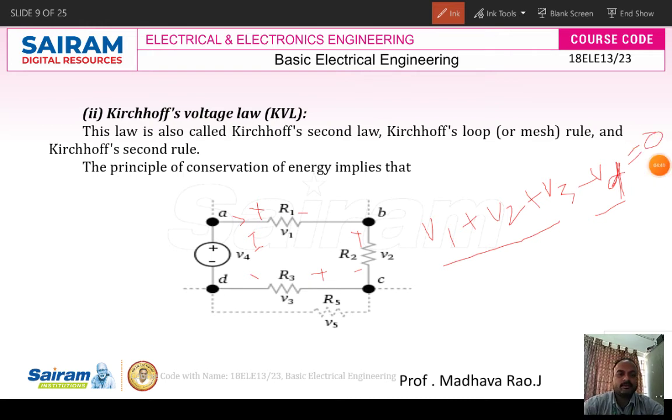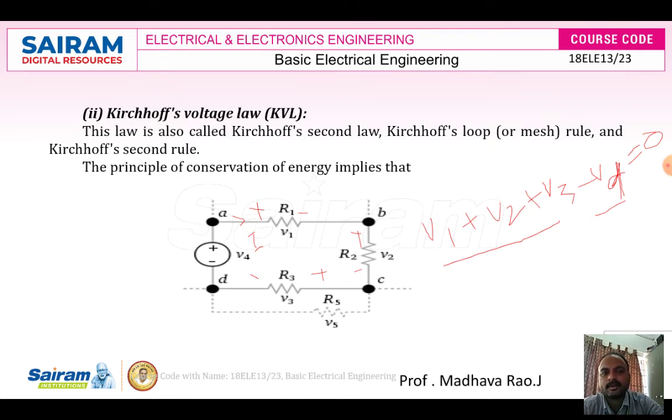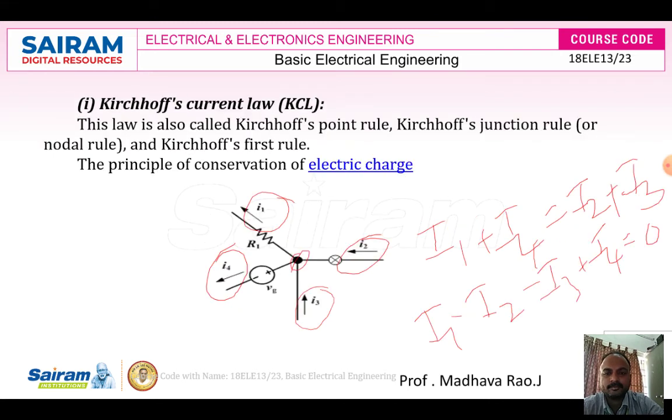Once again we will revise this KCL and KVL. According to KCL, the statement is: algebraic sum of incoming currents at a junction is equal to sum of outgoing currents from the junction in any electrical network.